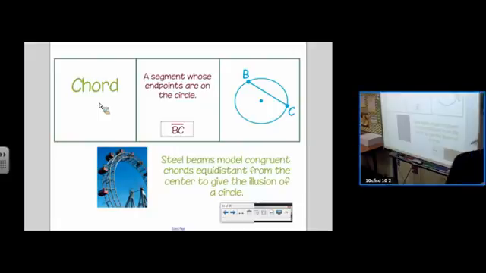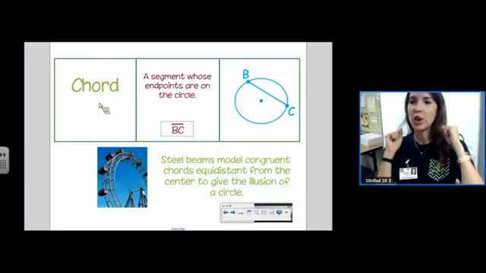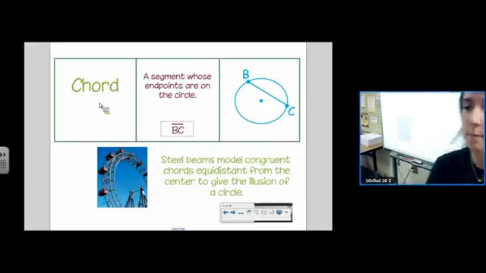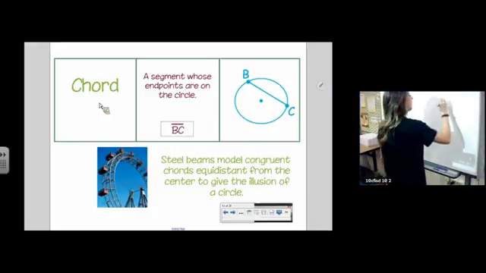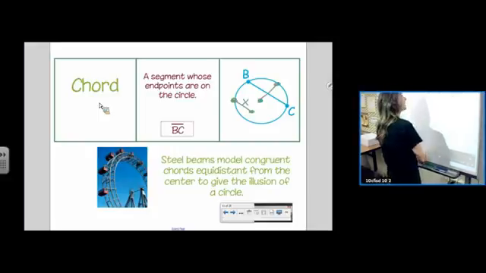So a chord is any segment whose endpoints are on the circle. They can't be one on the circle and one just hanging out. It can't be one at the center and one on the circle because that's a radius. The endpoints have to be on the circle.